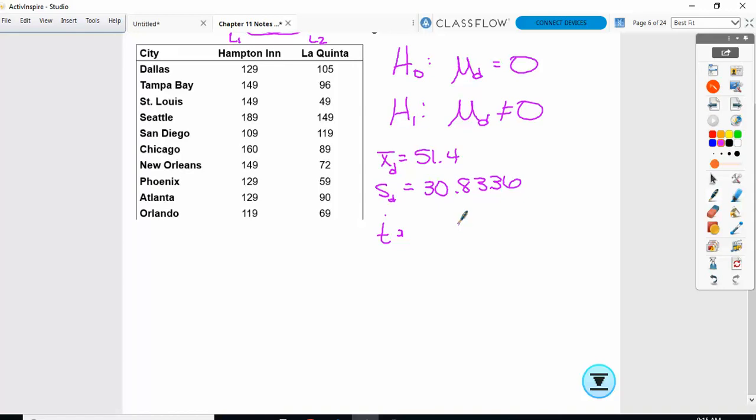So then we know we get our t value. And so your t is your mean divided by the standard deviation over the square root of n. How many did we have here?